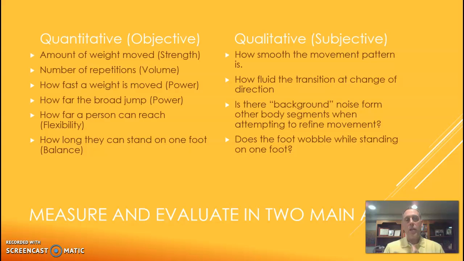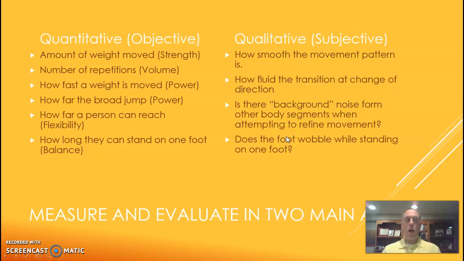When you look at a qualitative measure, something more subjective is the foot wobbling. Now we can quantify that a little bit, and you can make the argument you can quantify a number of different things over here, whether through some type of scale or evaluation. But at the end of the day, it really requires us as movement practitioners to evaluate that movement pattern, and that's what makes it more qualitative.